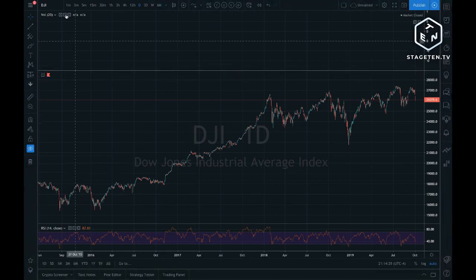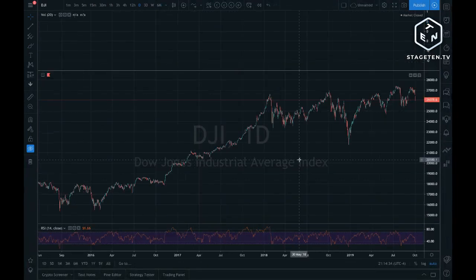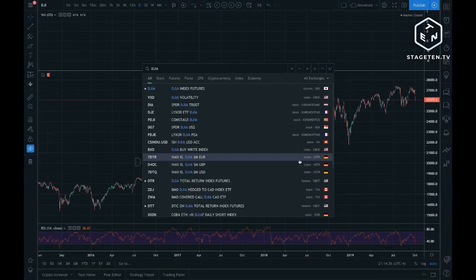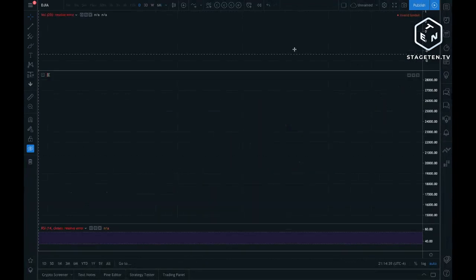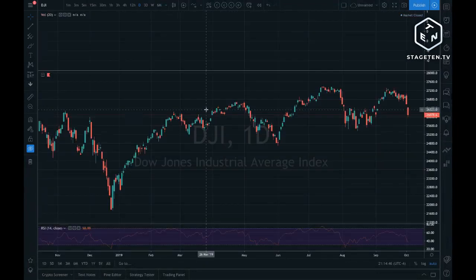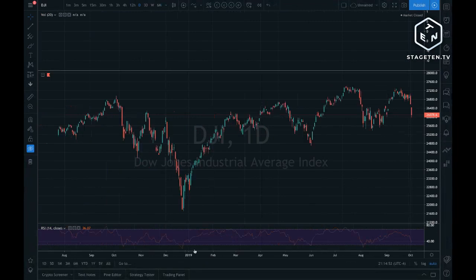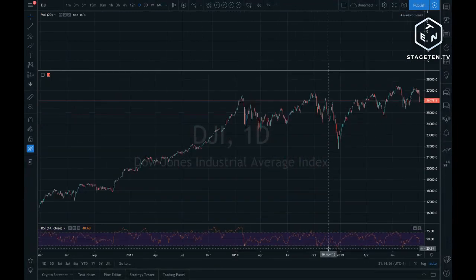And I am not getting volume, probably because this is not the right chart. Let me pull up the right chart for this. There we go. Okay, so I'm not getting the volume that I was looking for, and maybe I'll post this to the Discord when I'm able to get this.